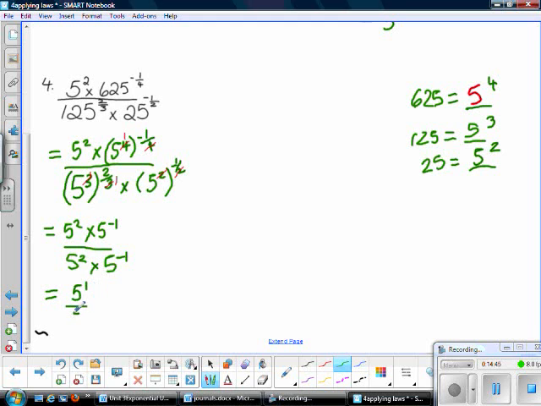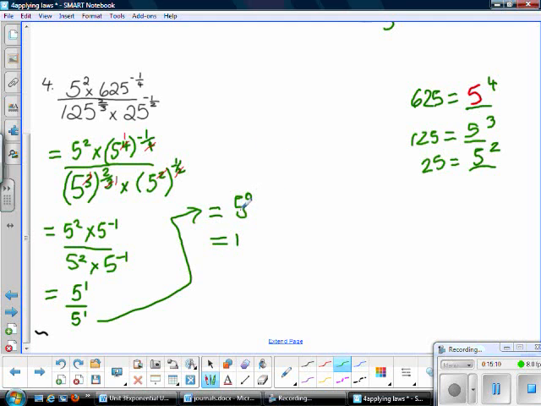And on the bottom I would have 2 plus a -1, which would be 1. And when I divide, I subtract exponents, so that's going to be 1 take away 1, which is 0, which equals 1.